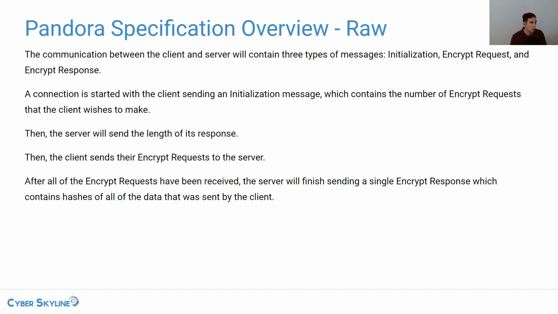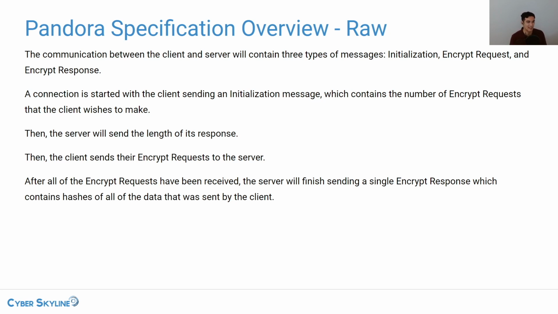What the overview section says is communication between the client and the server will contain three types of messages: an initialization, an encrypt request, and an encrypt response. The connection is started with the client sending an initialization message, which contains the number of encrypt requests that the client wishes to make.